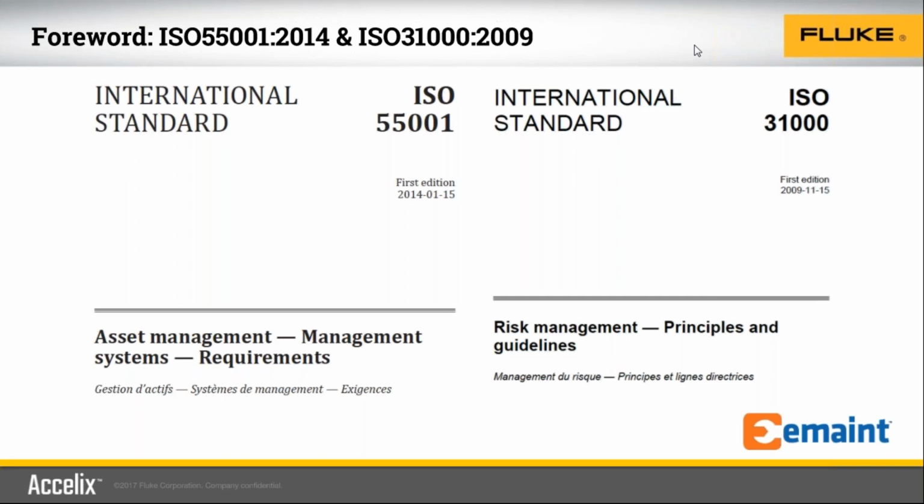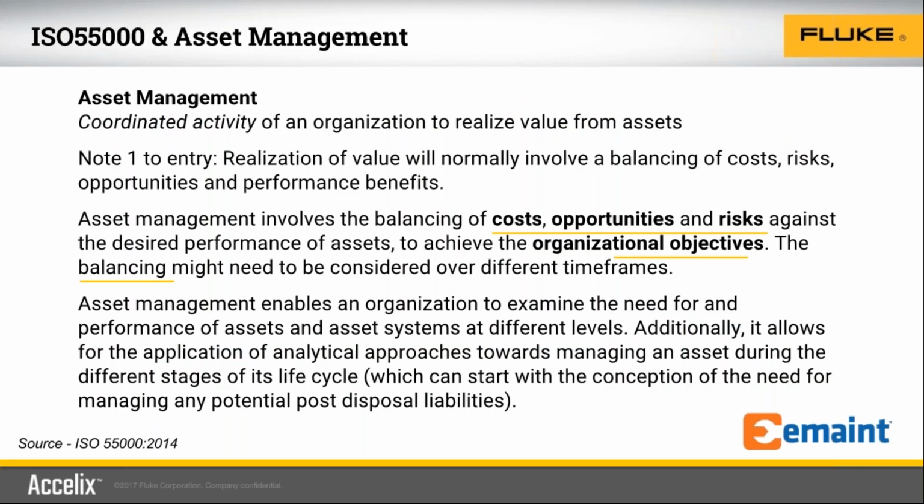So when putting these standards together, this is really the foundation of cost reductions that are possible. And the point here with ISO 55001 and ISO 31000 is that it's focused on risk and understanding consequences in terms of getting value out of assets.